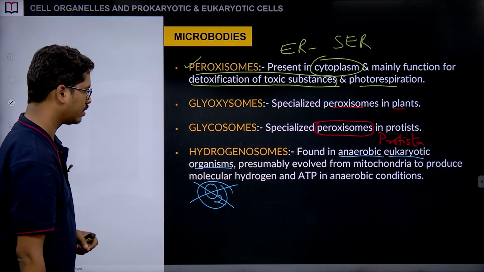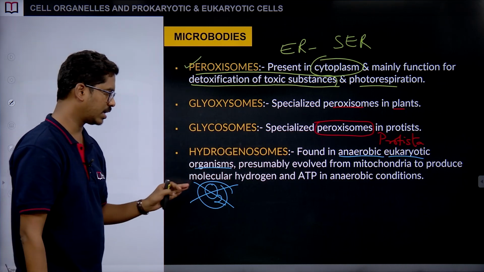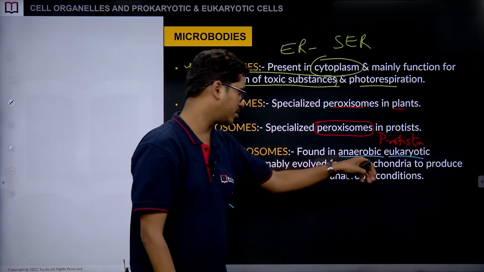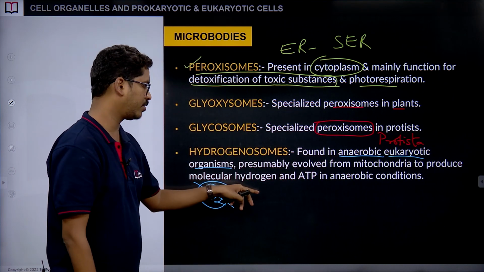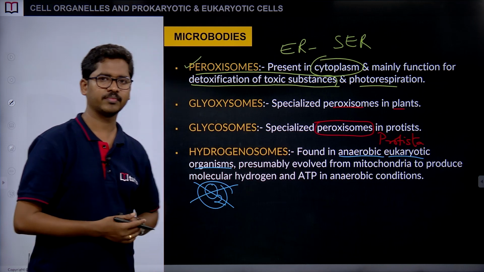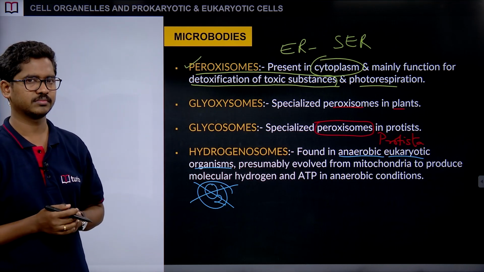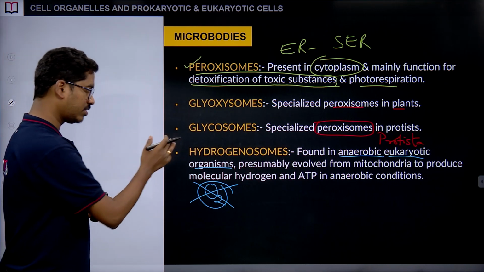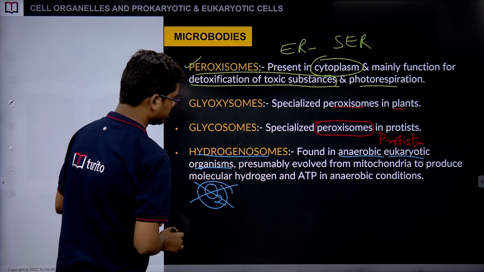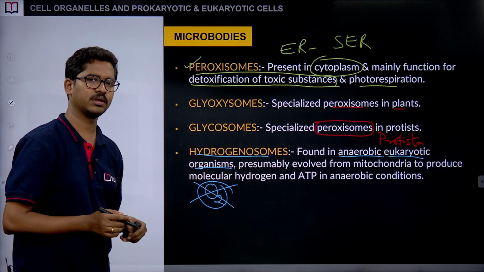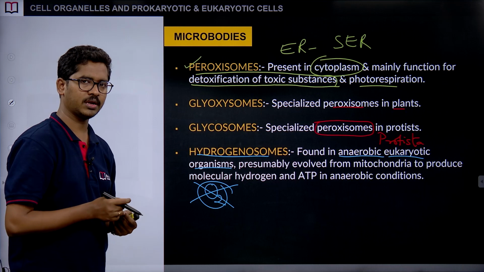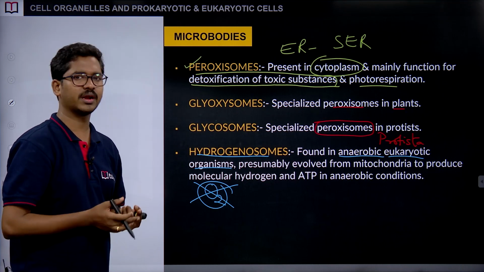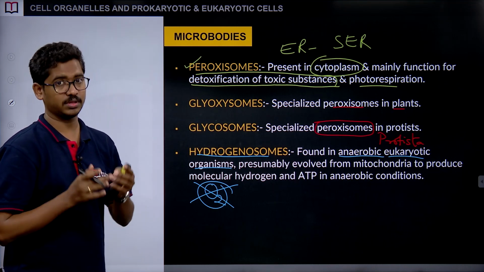Fine. Presumably, they think that this might have evolved from mitochondria to produce molecular hydrogen and ATP in anaerobic conditions. Now, that is interesting. It is thought that this particular microbody might have originated from mitochondria. That is a contrasting thing.